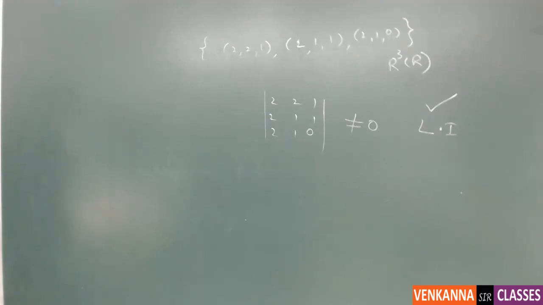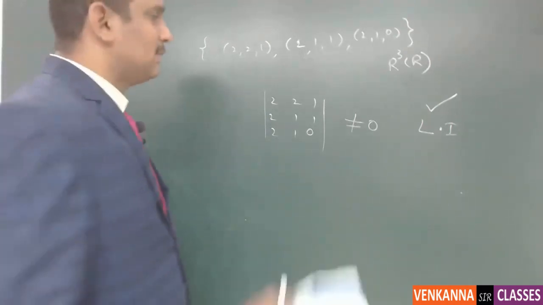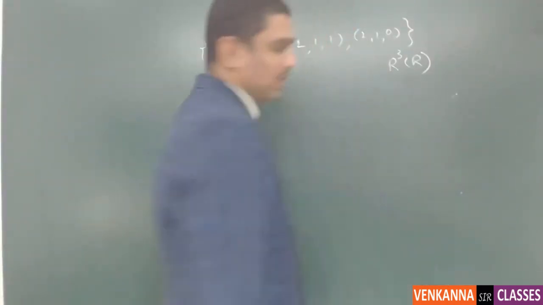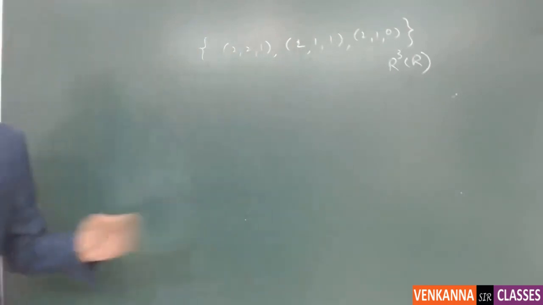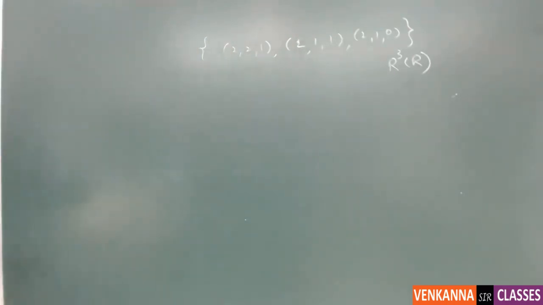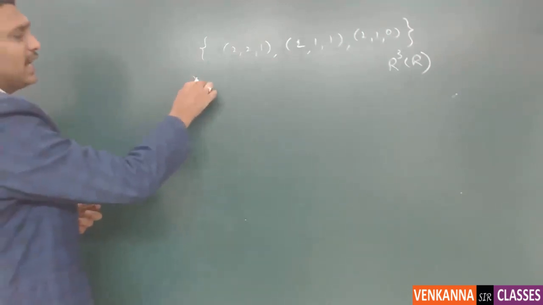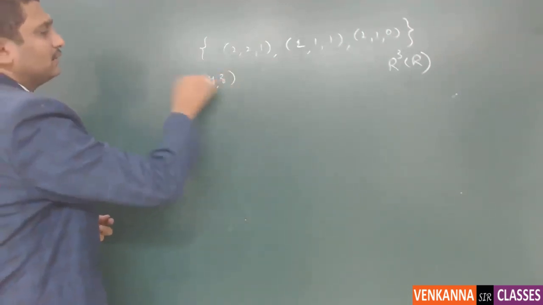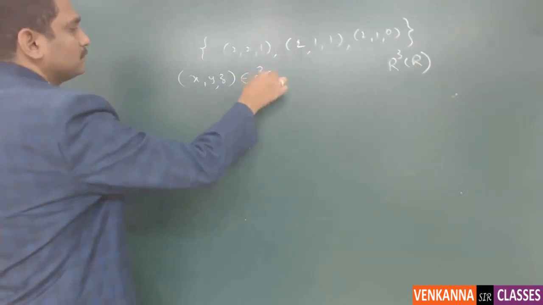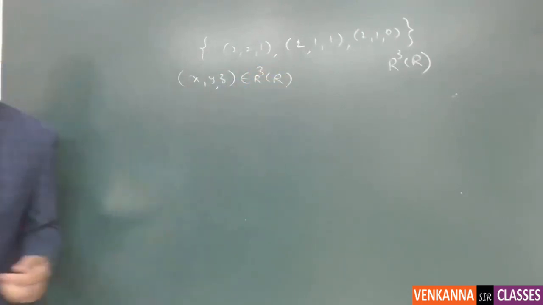Fine. Now, if you want to prove that it is a basis for R cube, you should check linear independence as well as spanning. And how to prove the spanning part? It's very easy. You take any arbitrary vector in R cube, (x, y, z).